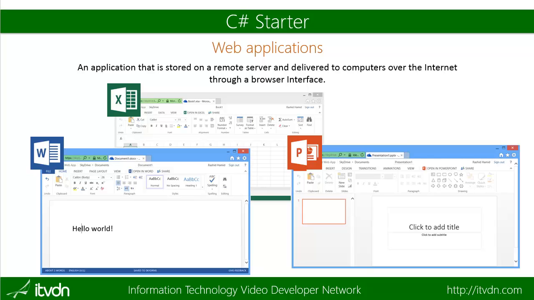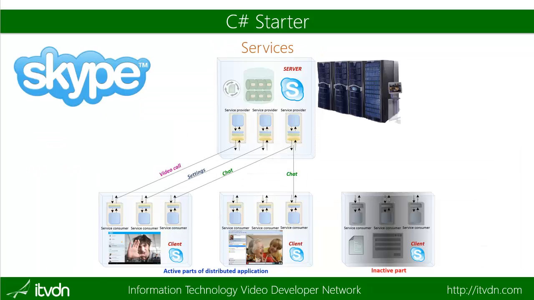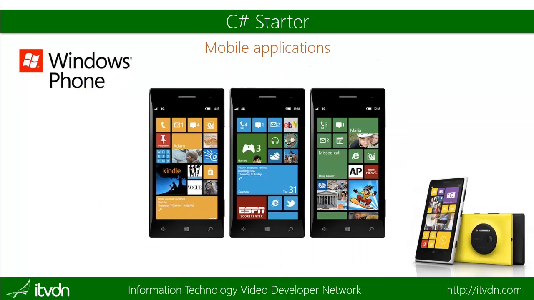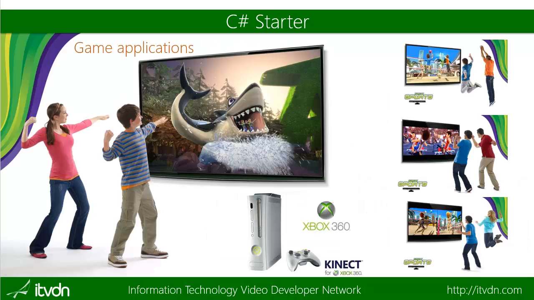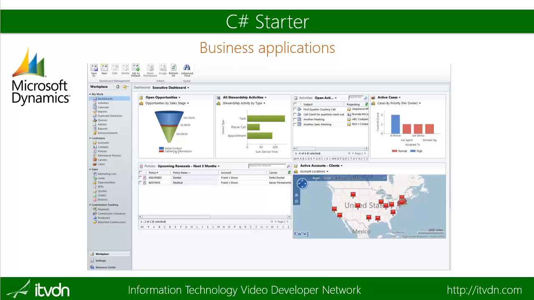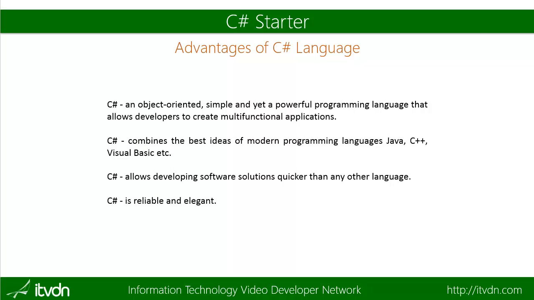The next thing we checked was services, and how some of them work. We specifically looked at Skype. We also checked mobile applications, game applications, and business applications, which are very important.